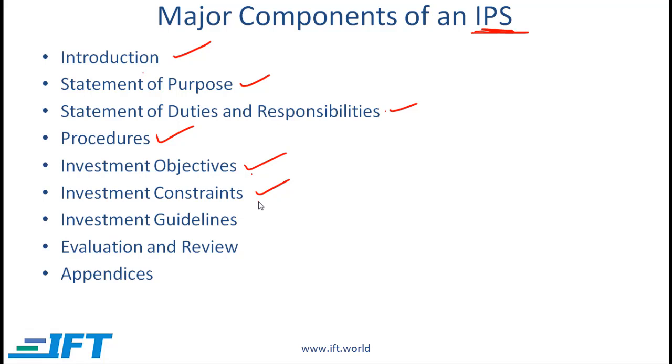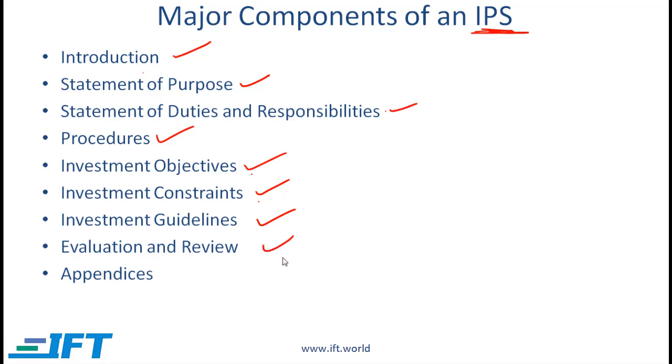Here we will talk about constraints such as liquidity, time horizon, and so on. Investment guidelines. This section provides information about how policy should be executed and on specific types of assets excluded from investment, if any. If a client does not want to use leverage, then that would be specified in this particular section.